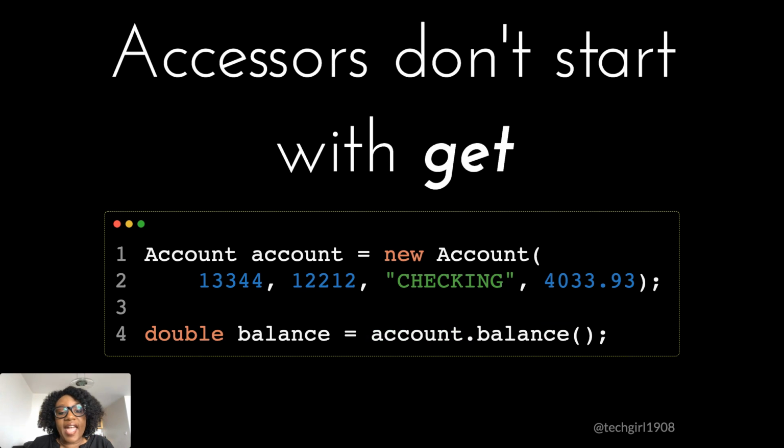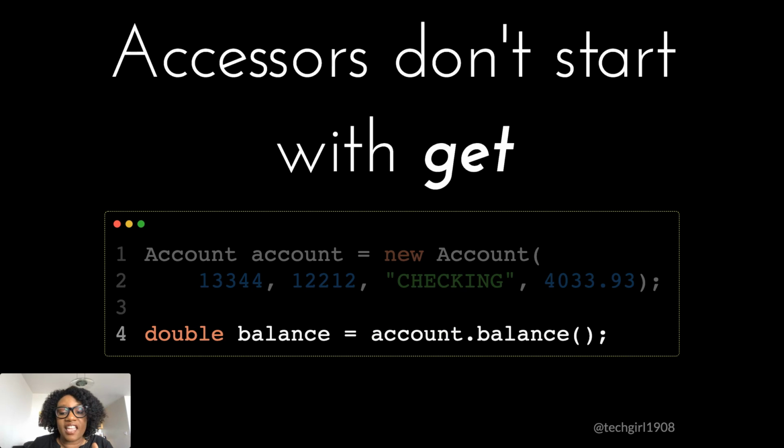Now you do have your accessor methods. However, they don't start with the word get. Instead, the accessor method name is the same as the field's name. So notice here we have account.balance versus account.getBalance.